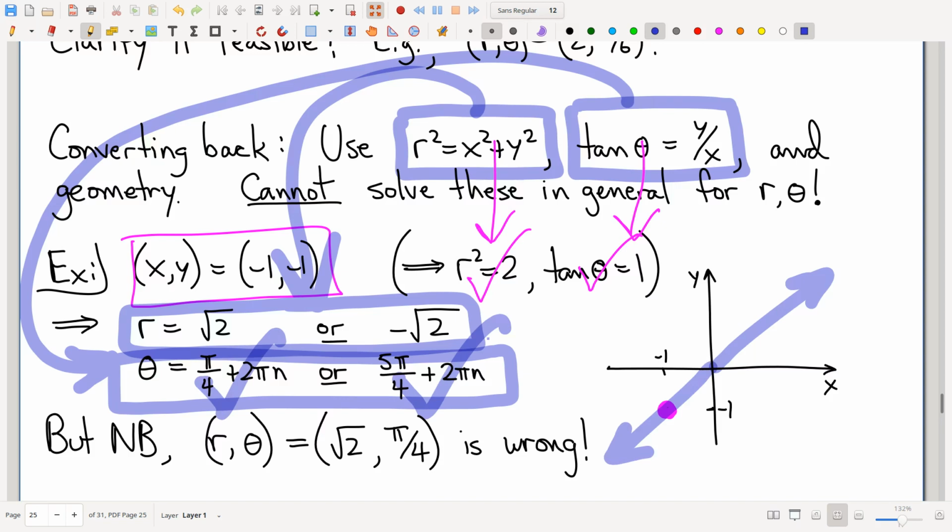So once you write that down, how do you tell which way to go? Geometry, right? Don't try to rely on algebra to do this for you. It's a mistake. Now, that's not to say that you can't create a set of rules and a little algorithm that you could memorize that would get this right every time.